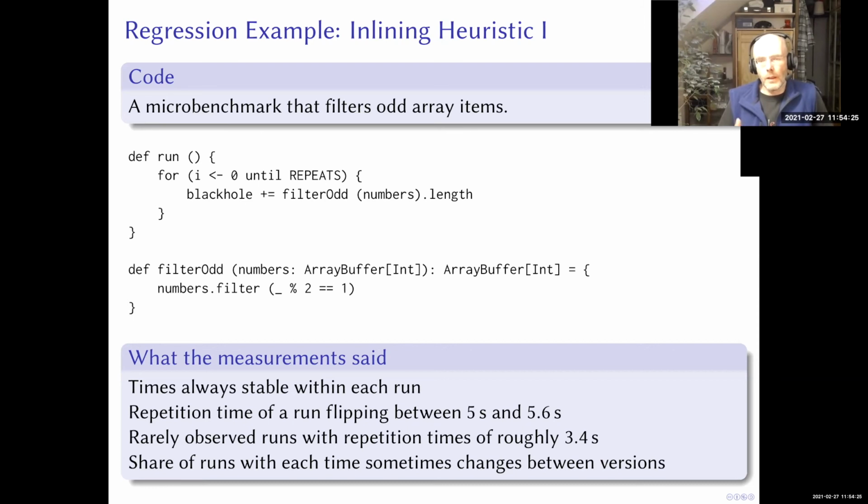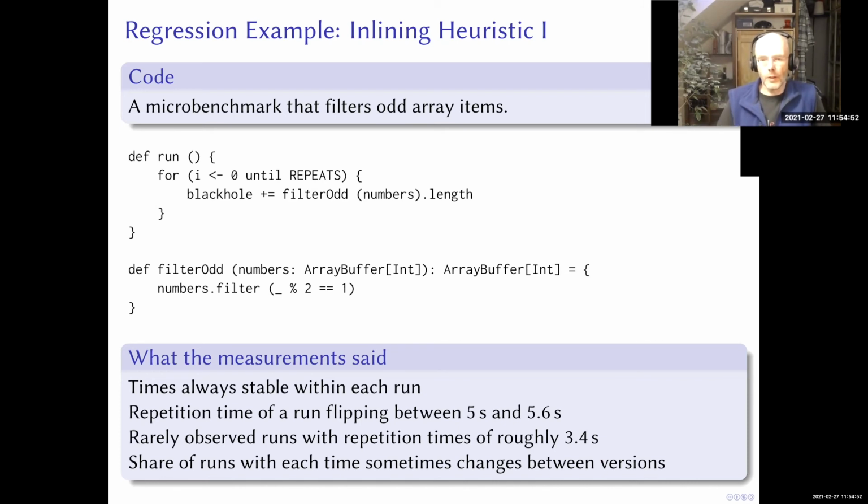And since we report average performance, we saw situations where one of the two scenarios was represented more or less often in the total mix. So we saw, for example, situations where the performance changed by 10 or 20%, but it was not because each single iteration would be 10 or 20% faster or slower.